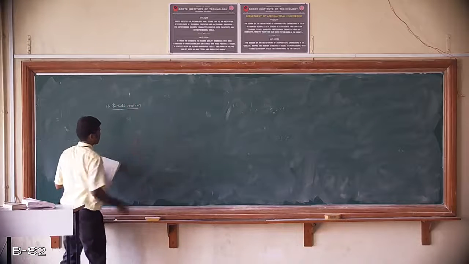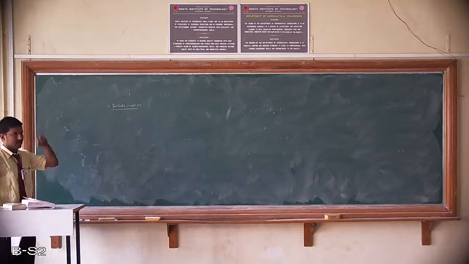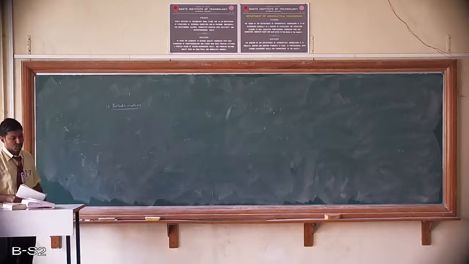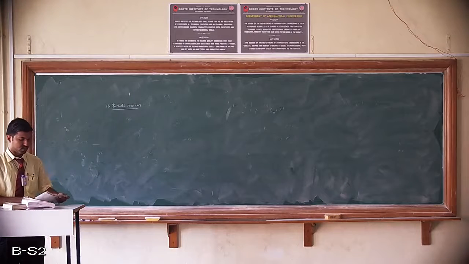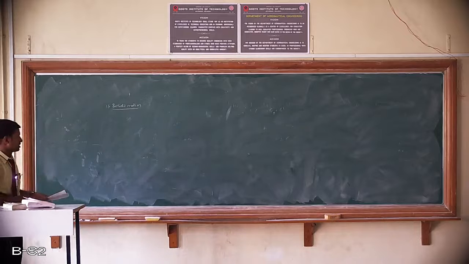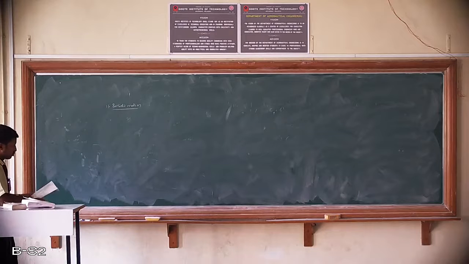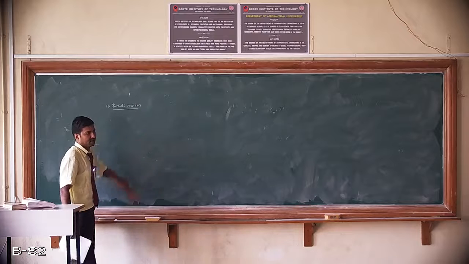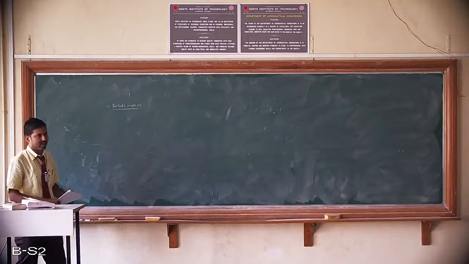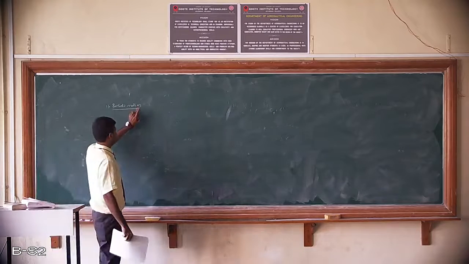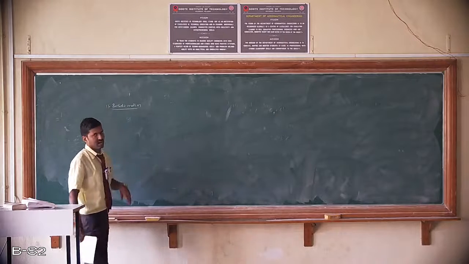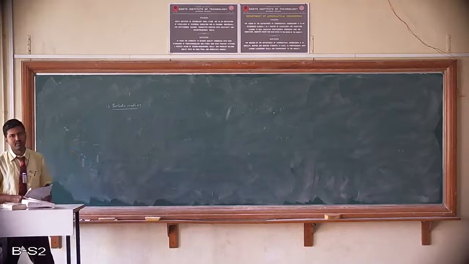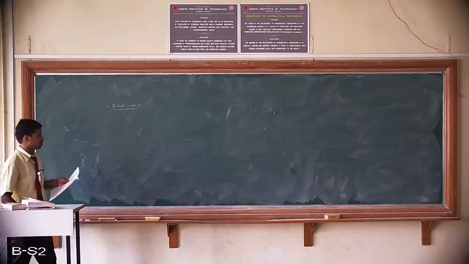Already these notes I have shared with you in your class WhatsApp group, so once again you can go through the same notes. So what is periodic motion? A motion which repeats itself after equal interval of time is called as periodic motion.